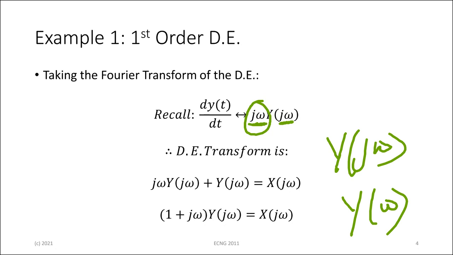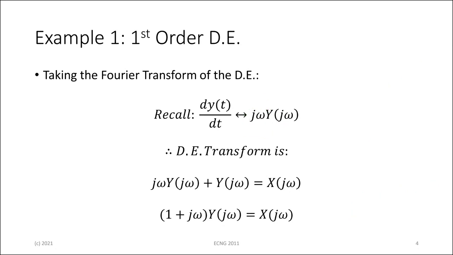The j omega will remind you that, for instance, when you are taking a derivative, there is a j omega in front. If you are accustomed to writing Y of omega, there might be a tendency to forget it, in which case you're going to get an incorrect answer. All right, so just get into that habit of writing the Fourier transform as Y of j omega instead of Y of omega, and then apply it to what we had before.